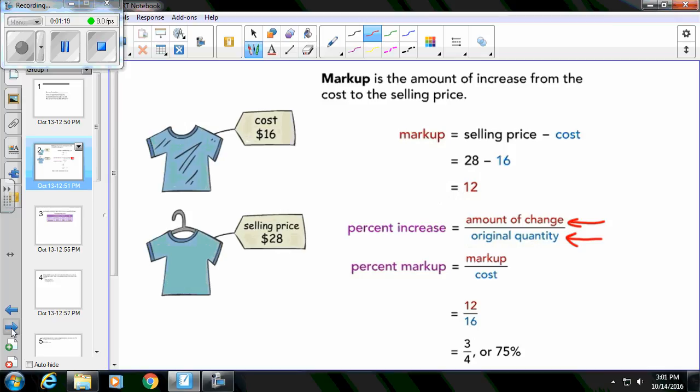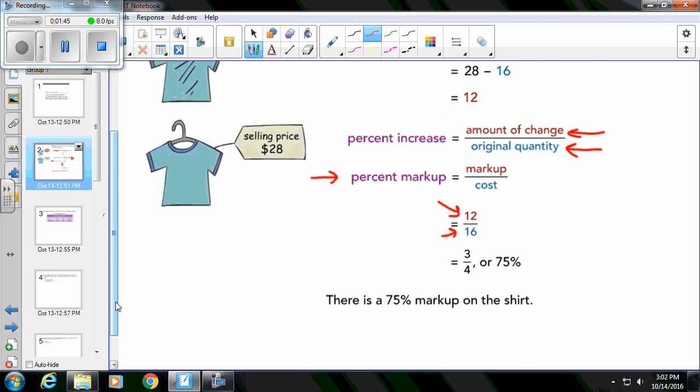It's important to write these formulas down as we go to help keep everything straight in our head. For this example, the difference, 28 minus 16, was 12, over the original cost of 16. When I simplify that fraction, I get 3/4, which we know is 75%. So there is a 75% markup on the shirt.